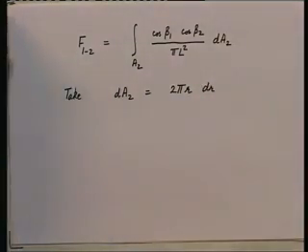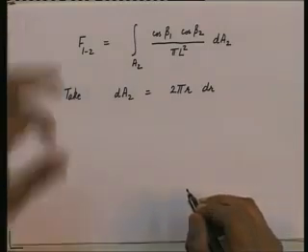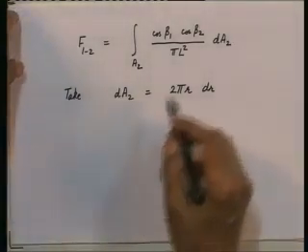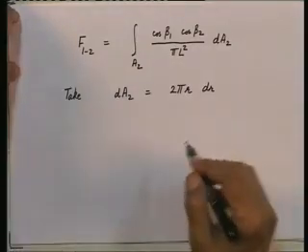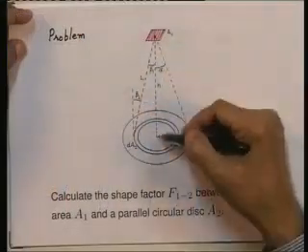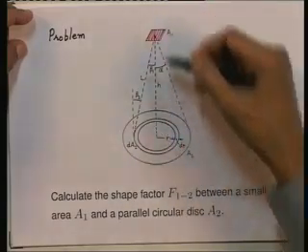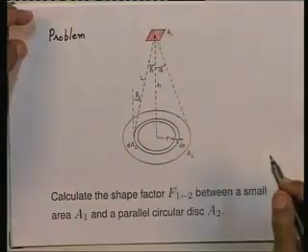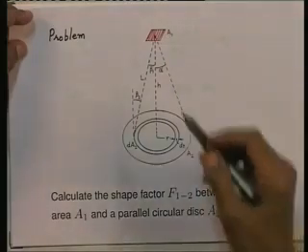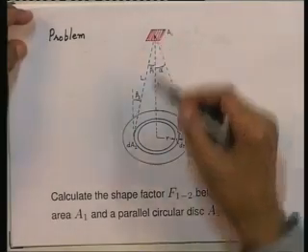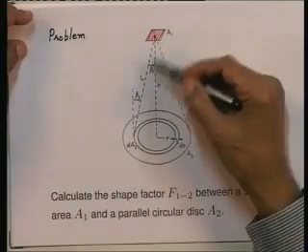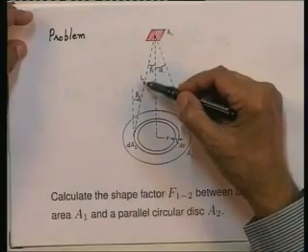And therefore, I can now perform the integration. I say the distance between the two surfaces is h and the semi vertex angle subtended by this circular disc at A1 is alpha. Now, using our nomenclature, if I join A1 to dA 2, the distance between the two will be the capital L which we have in our formula.